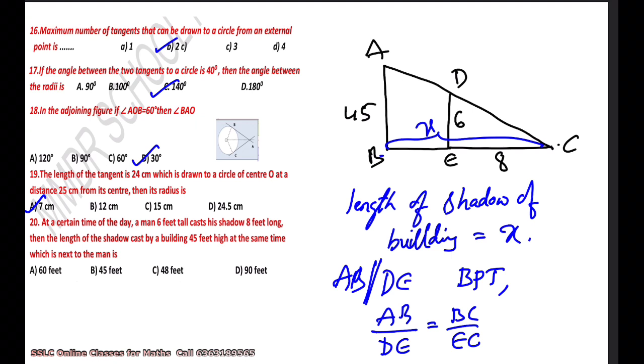I'll consider this ratio because according to BPT we can consider any ratio for us, but both the triangles should be in equal proportion. The sides should be in equal proportion. AB is how much? 45. DE is 6. BC we need to find out. EC is 8. Right? So we can write 45 by 6 equal to BC by 8.